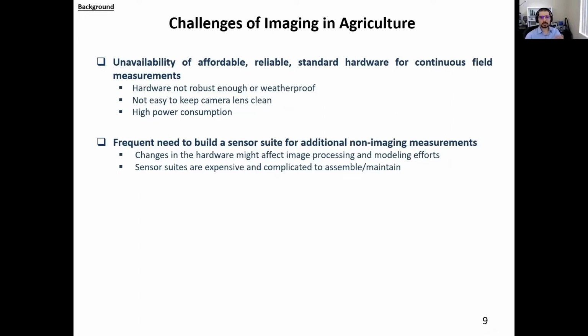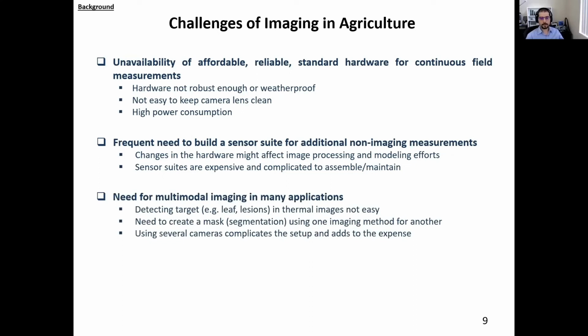In addition, sensor suites that are put together using different types of commercial cameras are really expensive, and they can also be complicated to assemble and maintain. There's also a need for multimodal imaging in a lot of applications in agriculture. A single imaging technique may not be enough. For example, we want to detect specific target leaf lesions in thermal images, and it's not easy if we only have a thermal image.